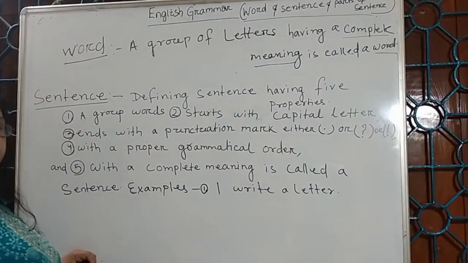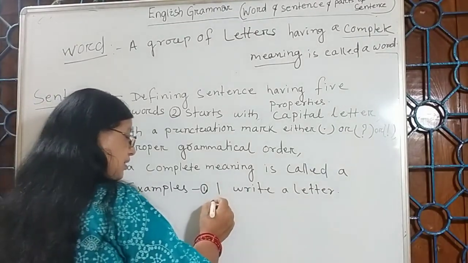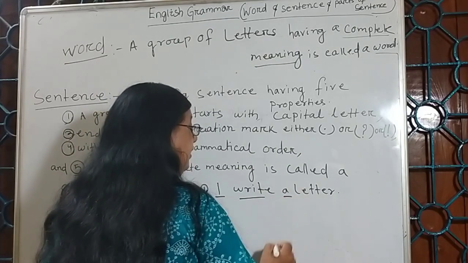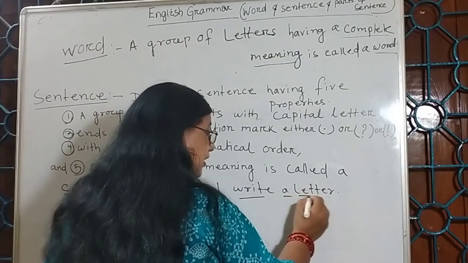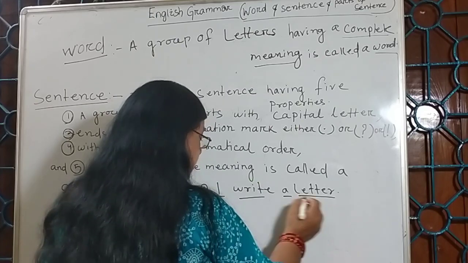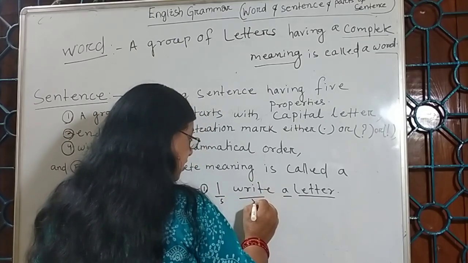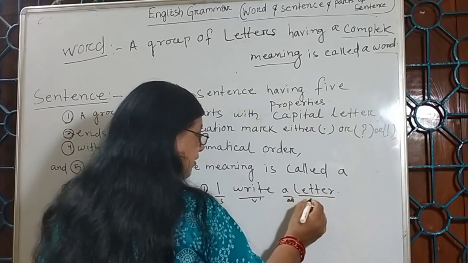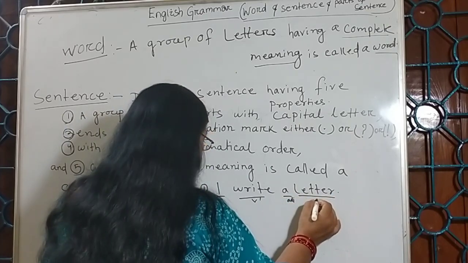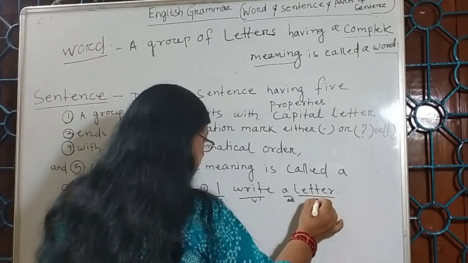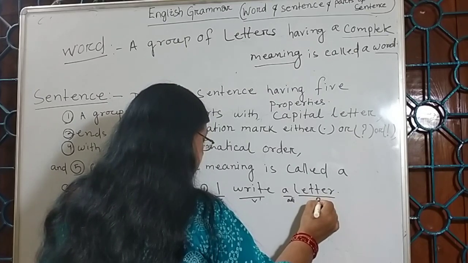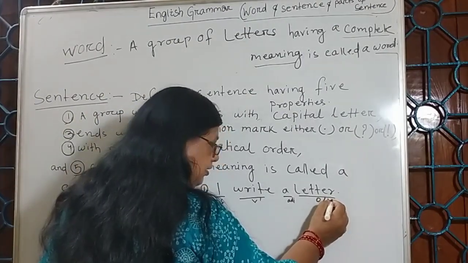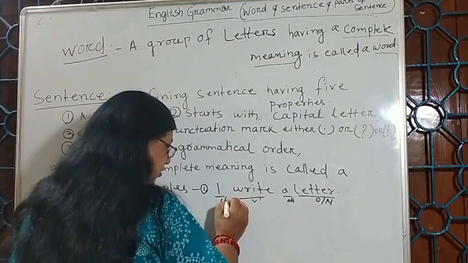So, here I is the subject, write is the verb, a is the article or adjective, letter is the object. Subject, verb, adjective, and letter is also what? Object, or it is a noun. Subject or pronoun.